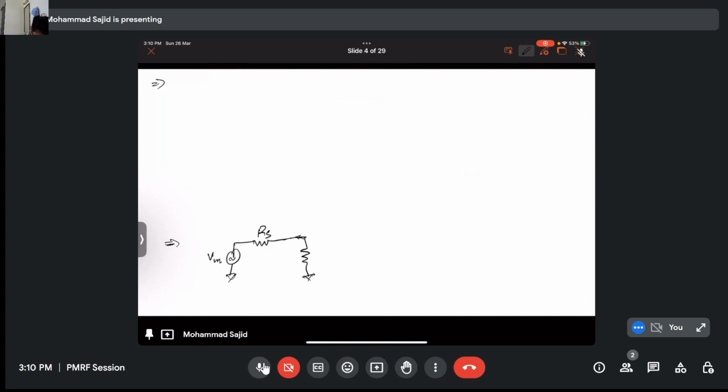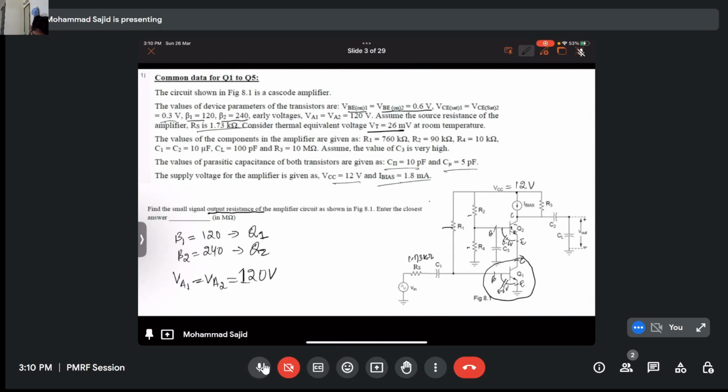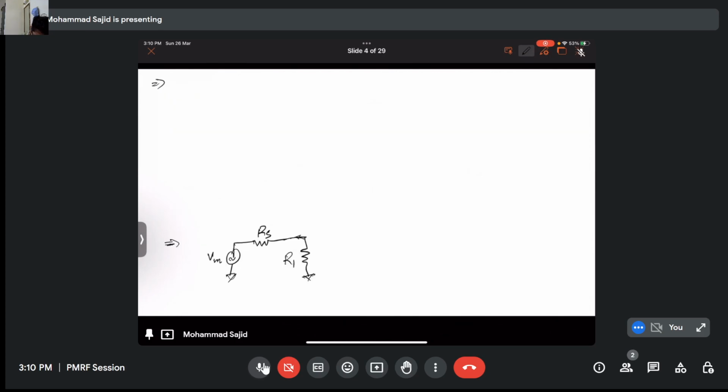R1 here, right? And then we have R5, and we have the emitter, which is grounded, and the base, and we will have gm1 vbe1. And because VA1 is given, we will have a resistance as well.